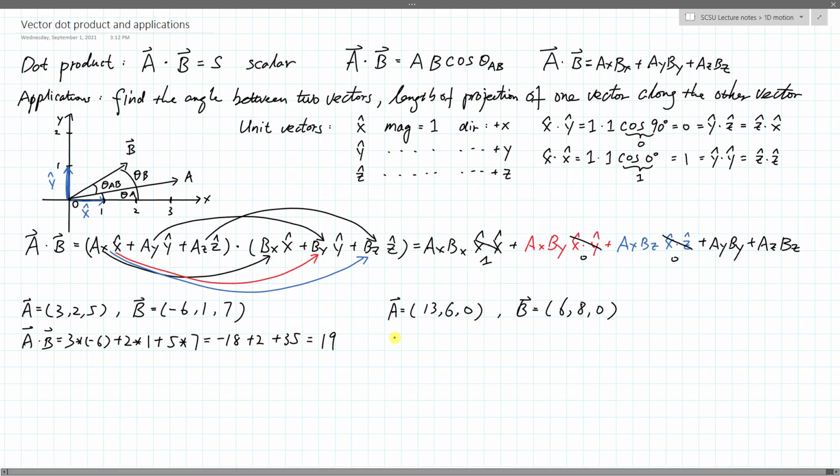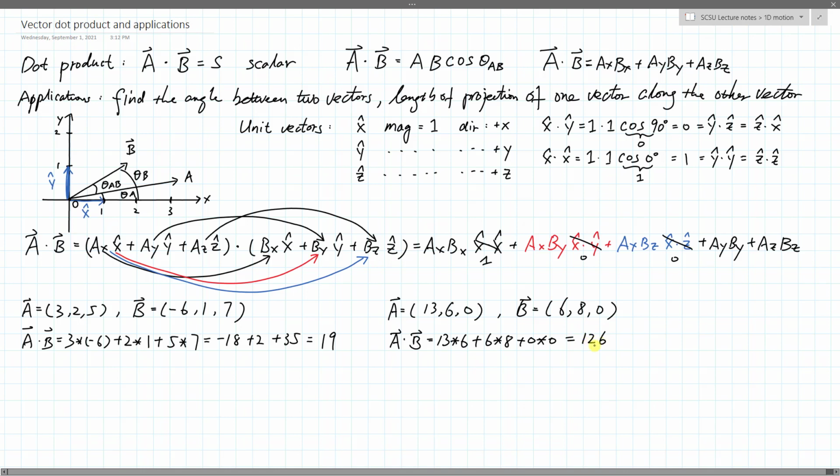Okay, so let's do the dot product A dot B: AX BX, AY BY, then AZ BZ. We don't really have to do the zeros, right? If you sum them together, 126. All right.